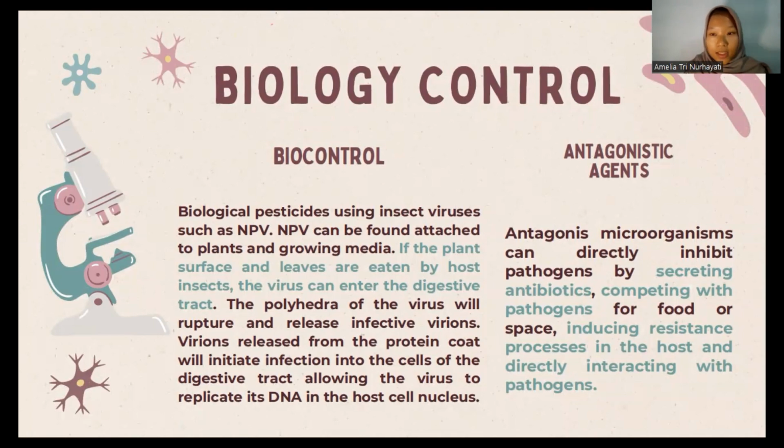And then number two is antagonistic agents. Antagonistic microorganisms can directly inhibit pathogens by secreting antibiotics, competing with pathogens for food or space, inducing resistance processes within the host, and interacting directly with pathogens.